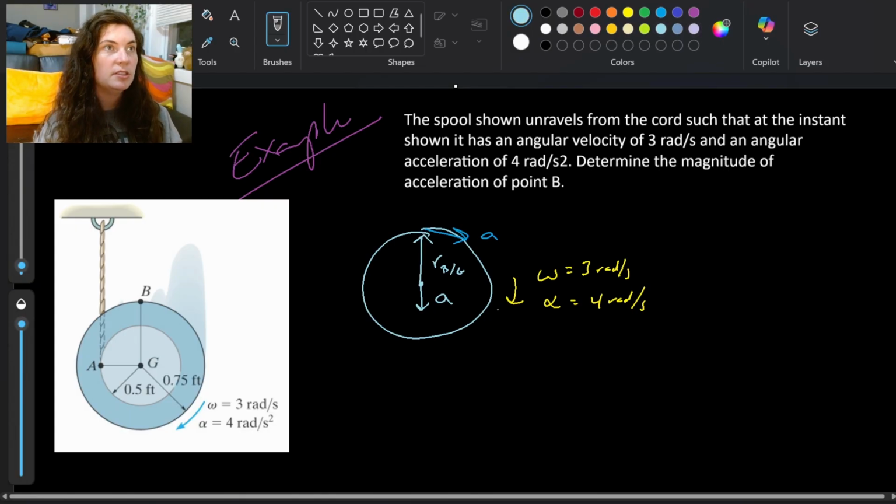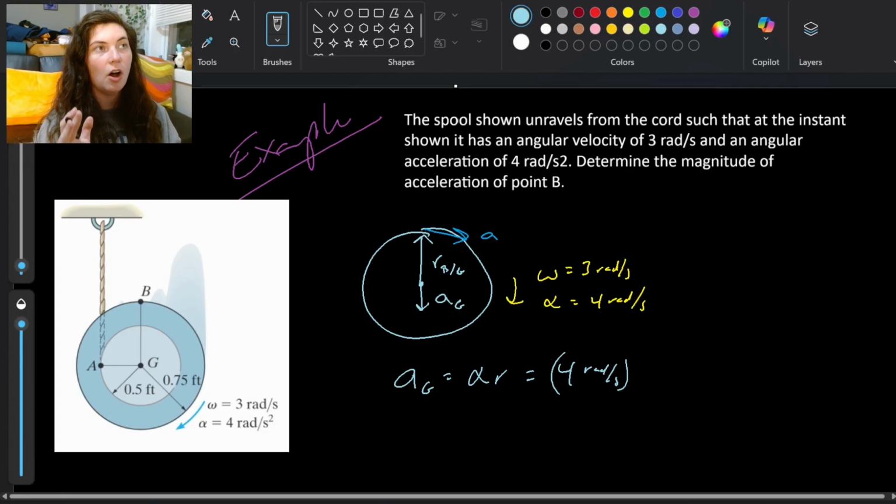So the way that I am going to start this is that I am going to find this A_G, this acceleration of it downwards, because I know that A_G is just alpha times r, and this alpha they gave us is 4 radians per second squared, and the r, if we pay attention, is actually where the cable is connected. That's where this thing is really rotating around.